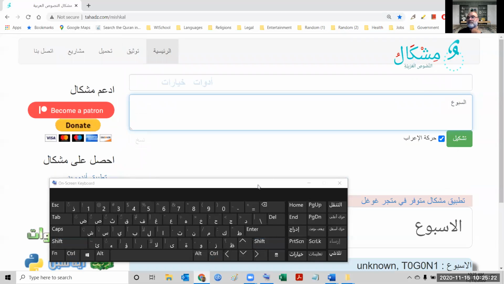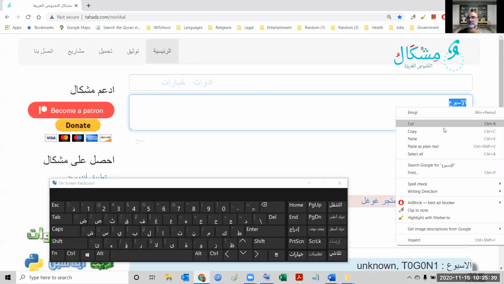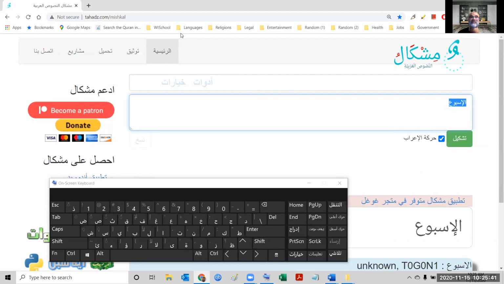Yeah. Shift. Hamza. So let me see now, is that going to help? No. I guess one of those stuck things. So probably I want to copy it and try another مشكال.